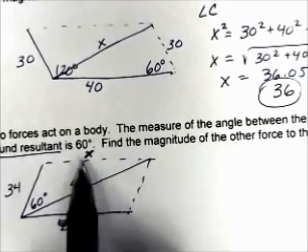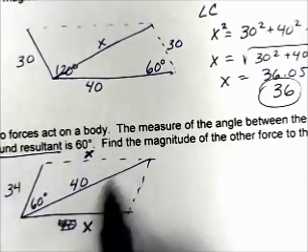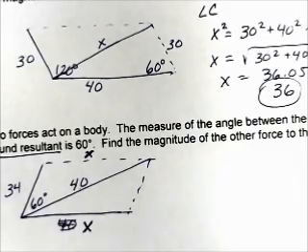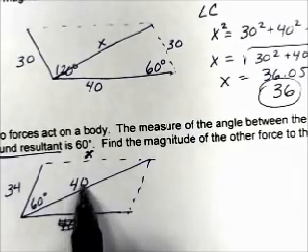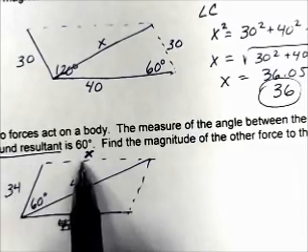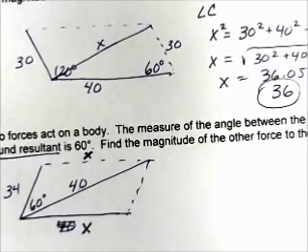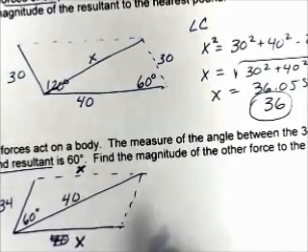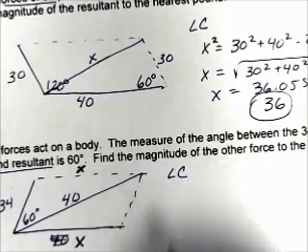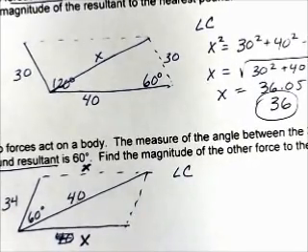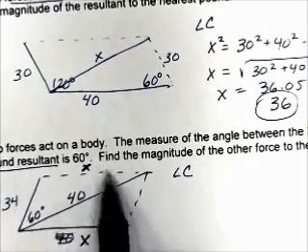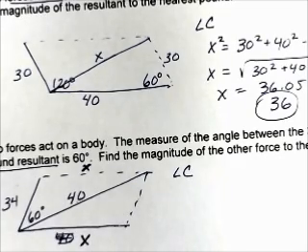And now looking at our top triangle, we have all three sides represented. So this is law of cosines again. All three sides of our triangle are represented.